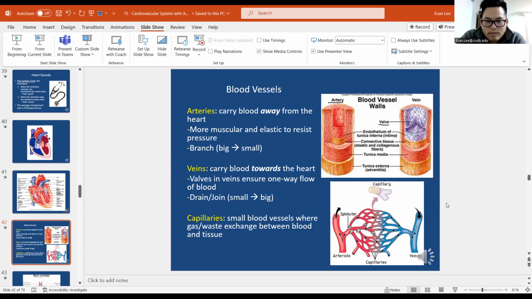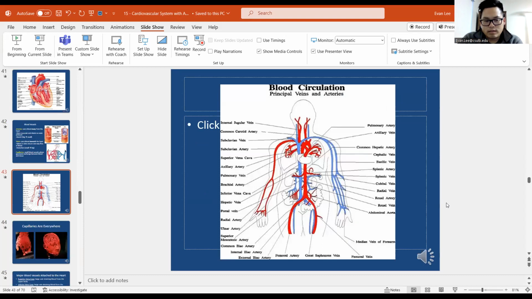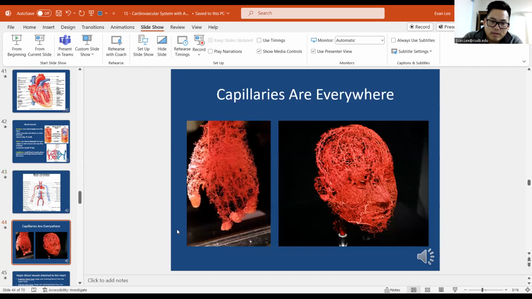So we'll get into that a lot more when we get into the circulatory system, but we do have some blood vessels that we want to look at. But just as a reminder, you see all these red and blue tubes, you've got arteries and veins going all throughout the body. And then furthermore, wherever you have living tissue, you also have capillaries.